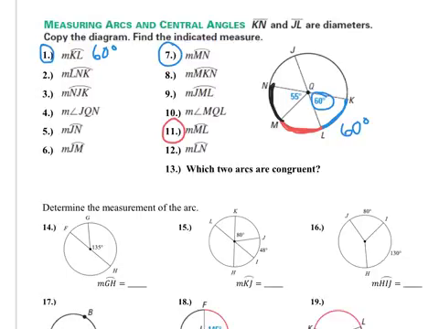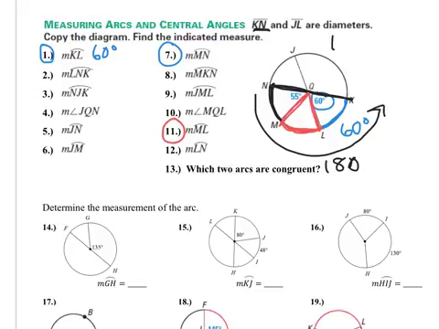And we know that NK, this line right here, or KN, is a diameter, which splits this circle in half, because it tells us in the instructions. So we know that this entire measure, all the way around from N to K, has to be 180 degrees. So if we take 180 degrees and subtract 55 and 60, it'll leave us with this measure right here, which is what we're looking for.